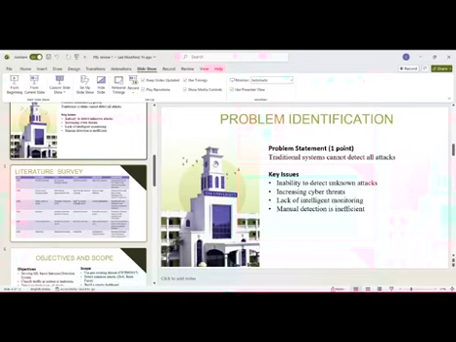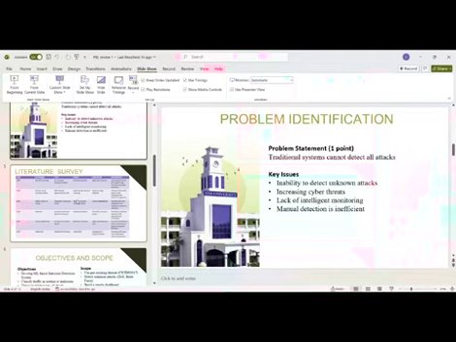Second, cyber threats are increasing rapidly in both numbers and complexity. Attackers are constantly developing new techniques to bypass the security systems. Third, there is a lack of intelligent monitoring. Traditional systems cannot analyze patterns or behaviors efficiently, which limits their detection capability.